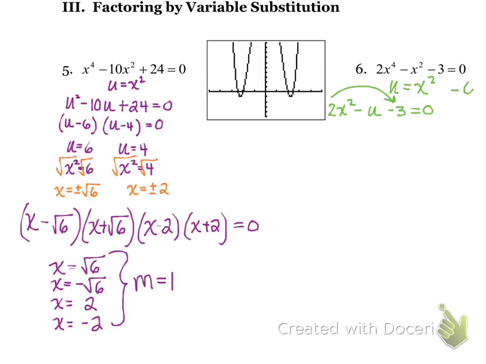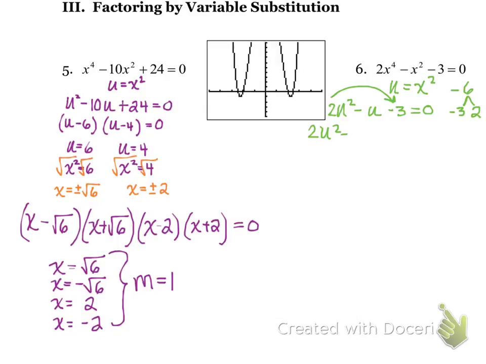I get negative 6. What multiplies to give me negative 6 that adds to give me negative 1? That would be negative 3 and 2. So I would write 2... Oh, this is supposed to be a u, not an x. Sorry about that.